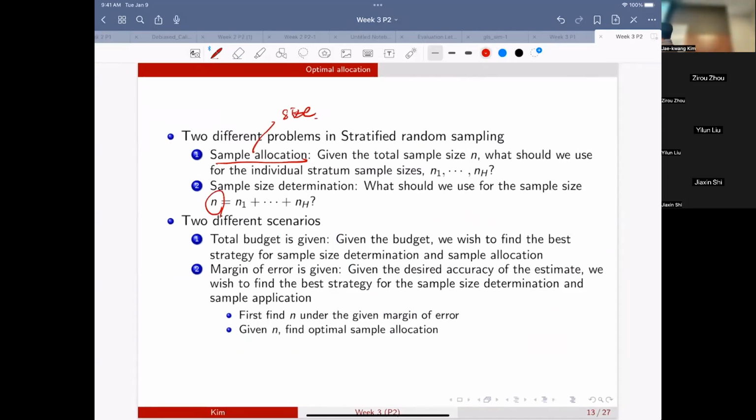Well, the second problem has more to do with the total budget or total accuracy. So it depends on your budget, right? If you have a lot of money, then maybe you want to select more. Or another way is if you have a specific margin of error, a measure of accuracy, then you want to use that as a standard to determine your sample size.